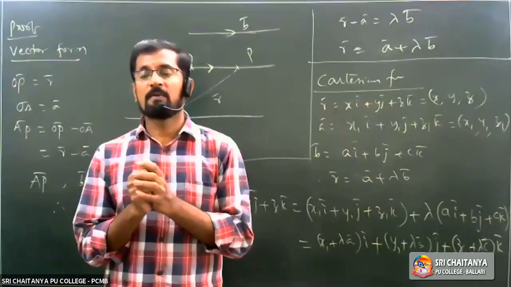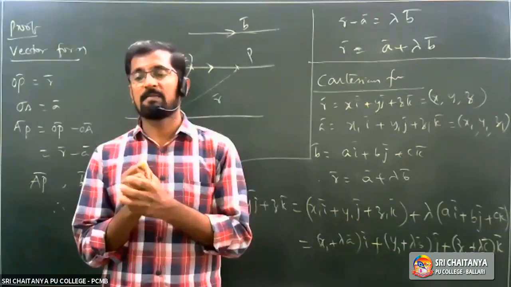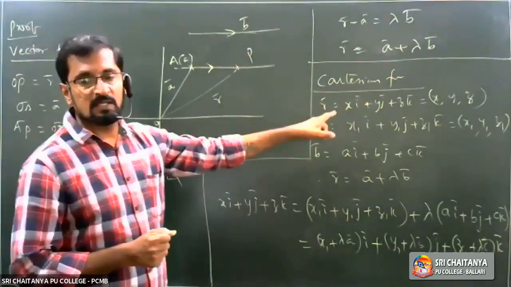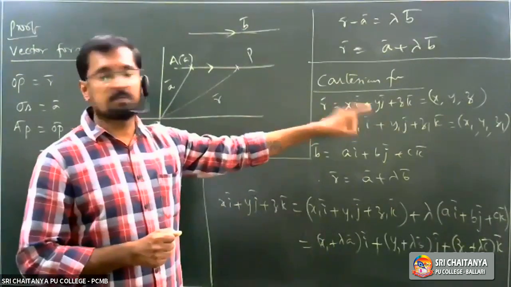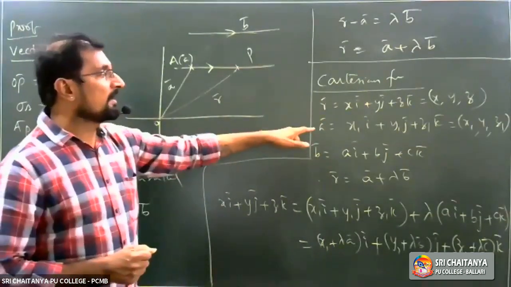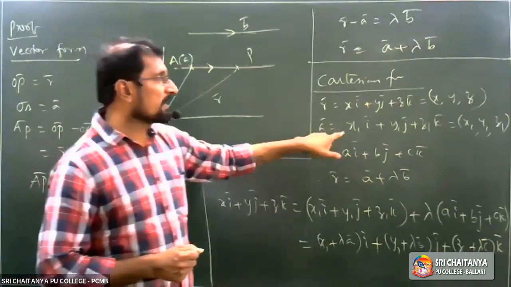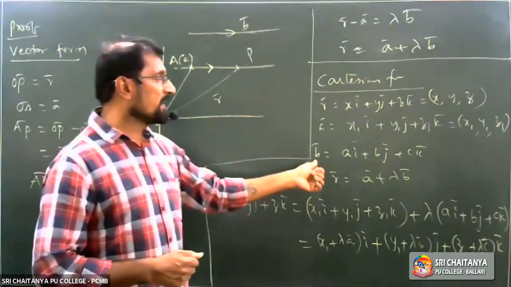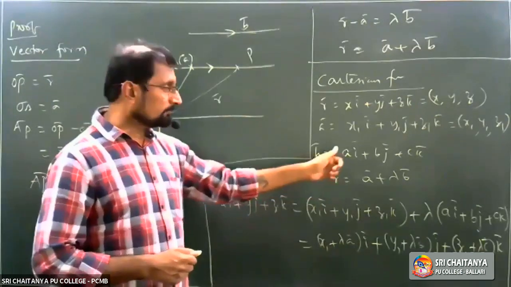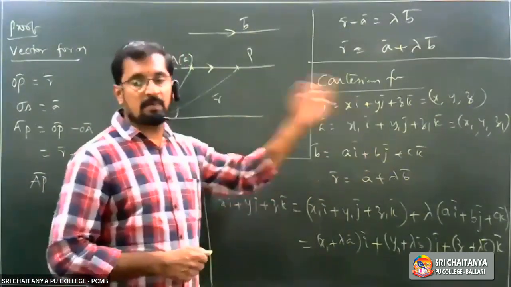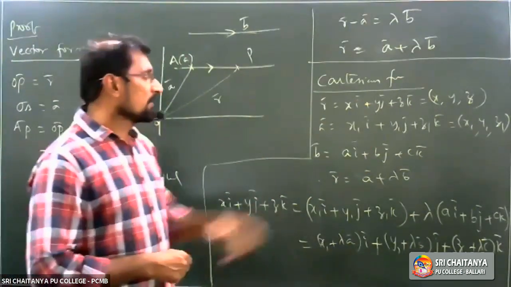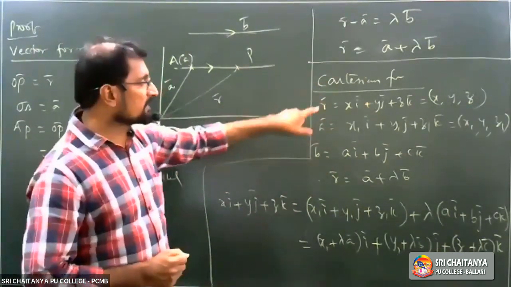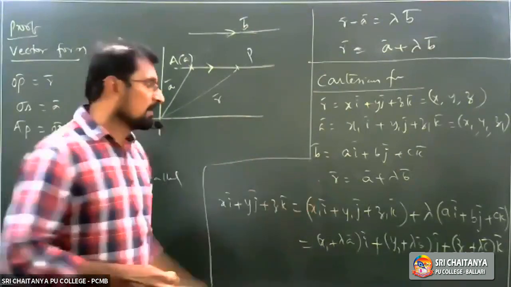What is the vector form? R bar is equals to A bar plus lambda B bar, right? So, R bar is equals to xi plus yj plus zk. A bar is equals to x1 i plus y1 j plus z1 k. B bar is equals to a i bar plus b j bar plus c k bar. You substitute. You should consider these three and substitute in the vector form.